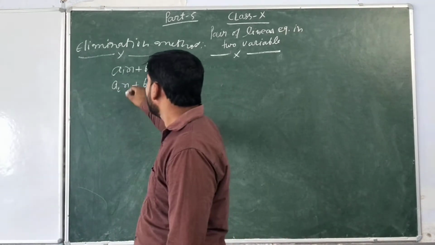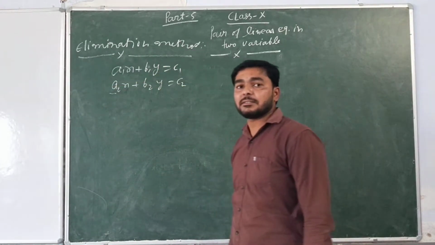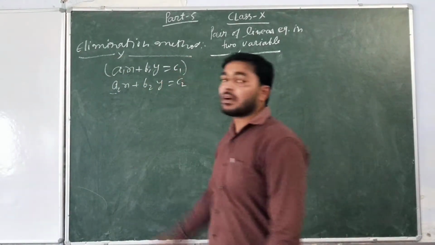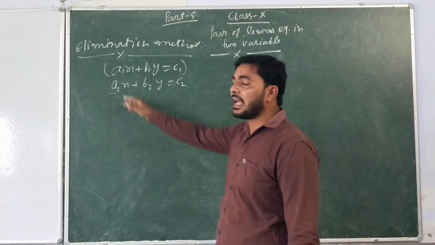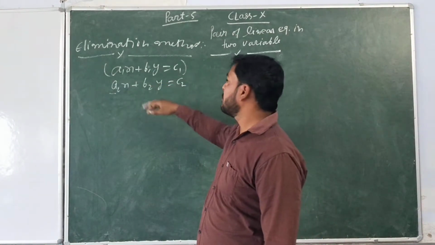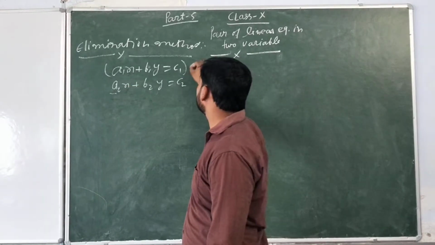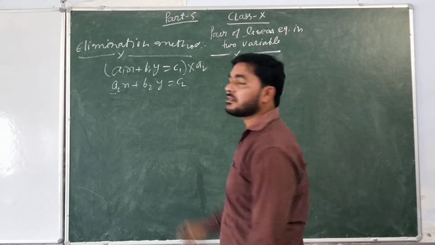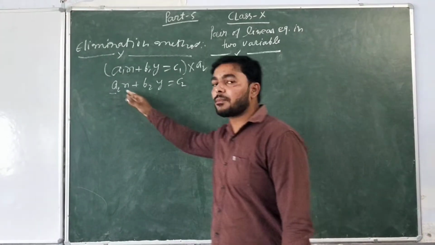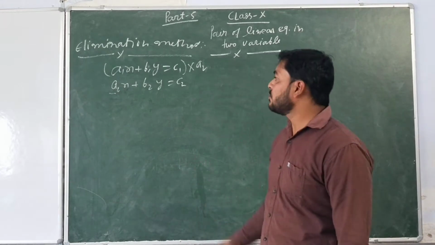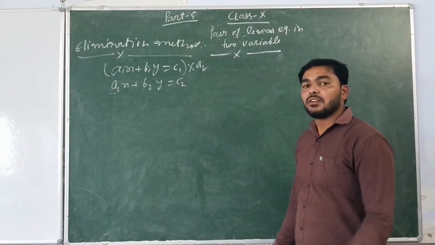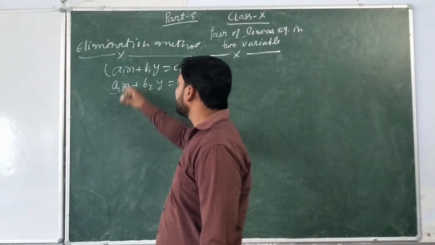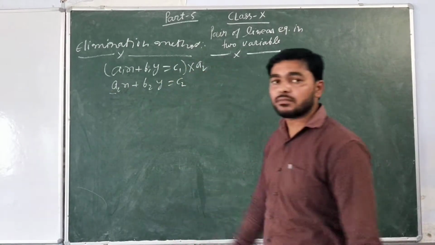The coefficient of x in the second equation is a2. So we multiply the complete first equation by the coefficient of x in the second equation, which is a2. Now here the x coefficient is a1 a2.